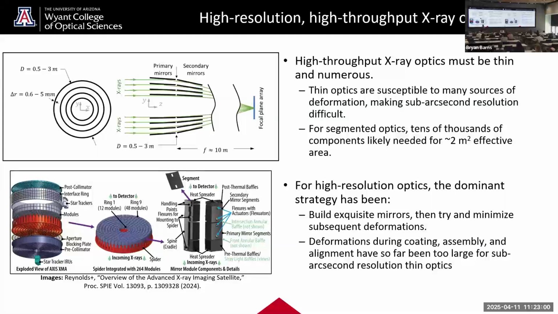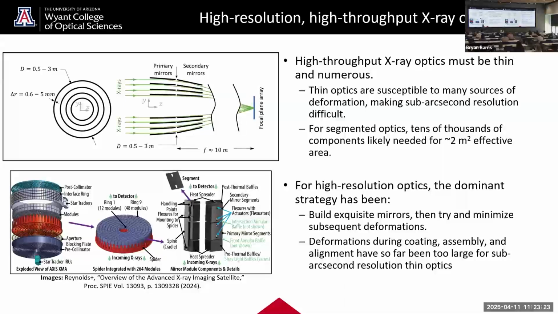The consequence of this is that to build up square meters of effective collecting area in the soft X-ray band, you would need tens of thousands of these components, and they all need to have nanometer scale RMS surface figure accuracy. So this is extremely challenging, especially from an optomechanics perspective.